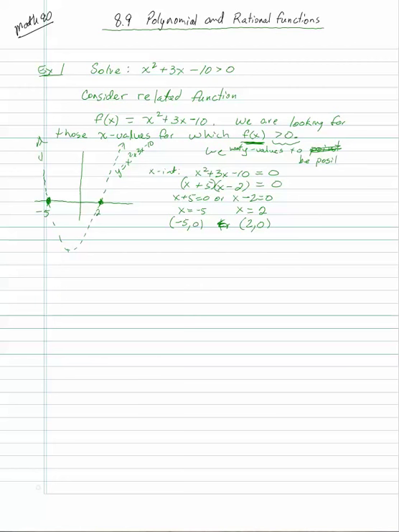Now if I think about the graph, that means above the x-axis. You can see that this portion of the graph is above the x-axis, and so is this. But the solution to the original problem has no y in it, it's just x values. So you look at the graph and this part here and the part over here would be the solution.